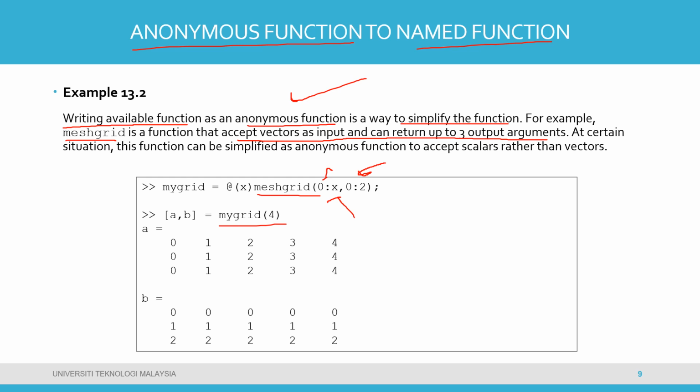So you can try this, for example 13.2, and make sure you submit your test coding inside the tutorial. You can see here my grid equals to at x. Basically you have the input of x, and then this is the code meshgrid 0 to the input and 0 to 2.